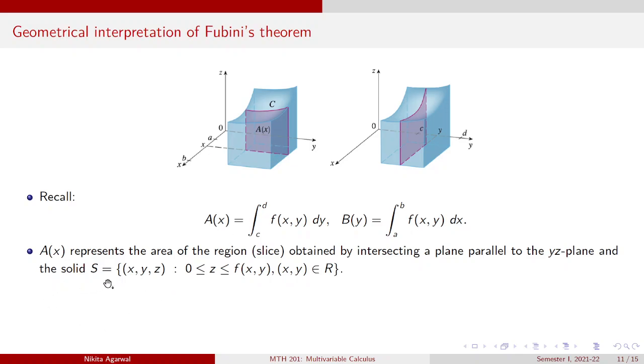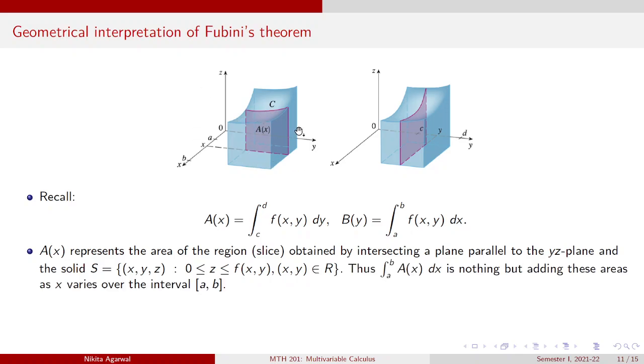and the solid S, which was the entire solid that we were talking about in the beginning when we defined the double integral. So A(x) is the area of this purple region. Thus the integral from a to b of A(x) is nothing but adding these areas as x varies over an interval.